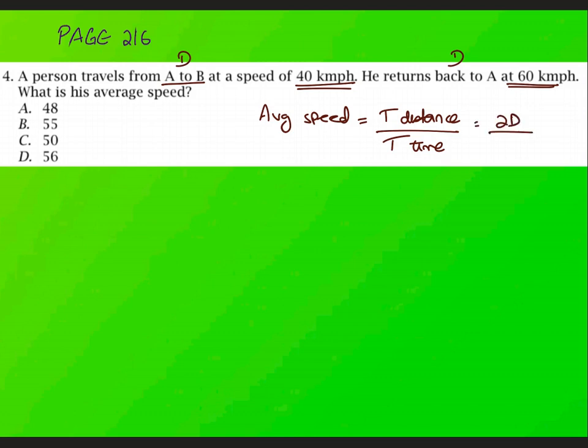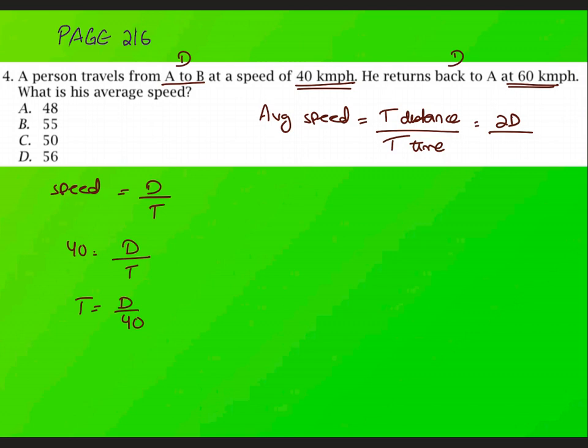Now we need to find the total time. To find the total time, I'll have to find the individual times first, for which I'll use the formula speed equals distance upon time. So for the first journey, which is A to B, speed is 40, distance is d, t is unknown. So solving for t, that's d by 40.